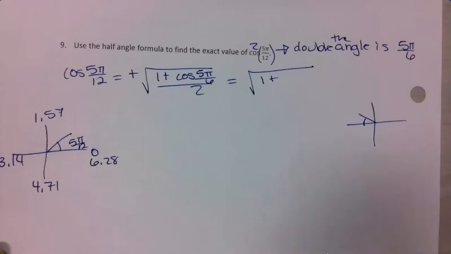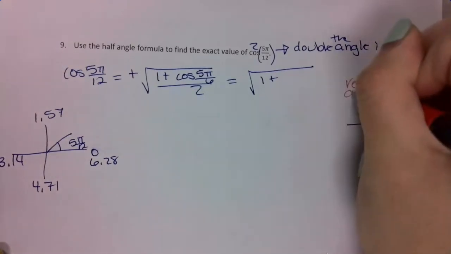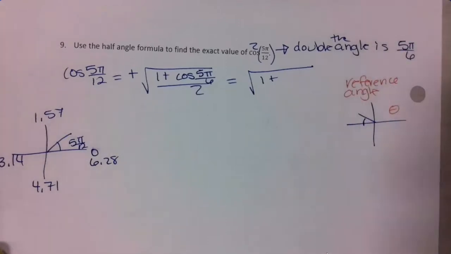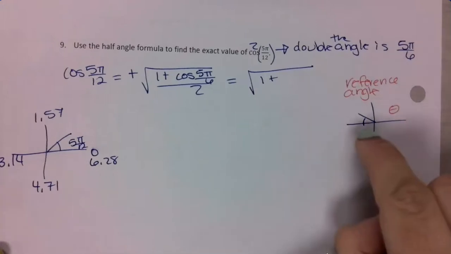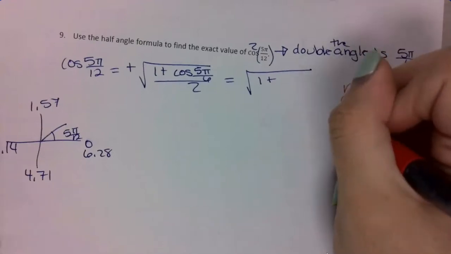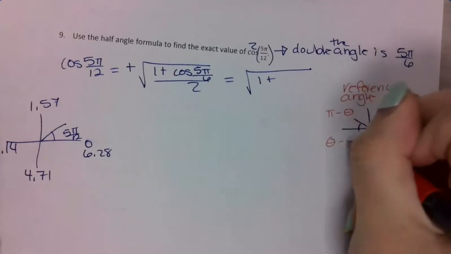For reference angles, this is always the angle I use. Reference angles are finding the distance from the x-axis, which is either 180 or 360. So in the second quadrant, it's going to be pi minus my angle. In the third quadrant, it's the angle minus pi.